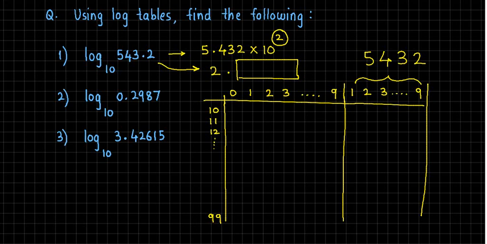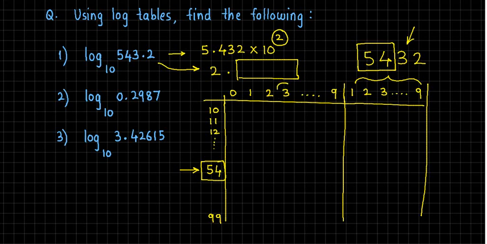Now what you have to do is, from the 4 digits obtained, that is 5432, go to the row indicating the first two digits, which in our case is 54. In the log tables we go to that row which has 54 in the very first column. Then we see the third digit, that is 3 in our case.